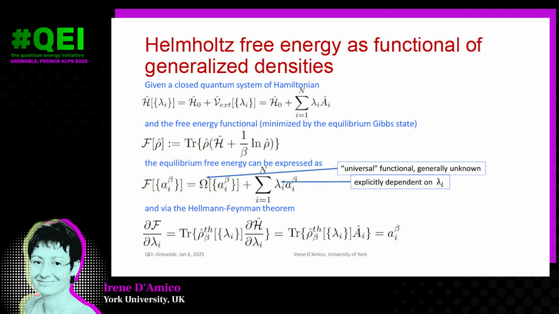And then a part of this functional that explicitly depends on the parameters lambda I. What is interesting is that if I consider the Hellmann-Feynman theorem, I can see that the derivative of the free energy with respect to the parameter delta E is nothing but my local generalized density. So this is the way we will use in the Kohn-Sham scheme to calculate the local densities.